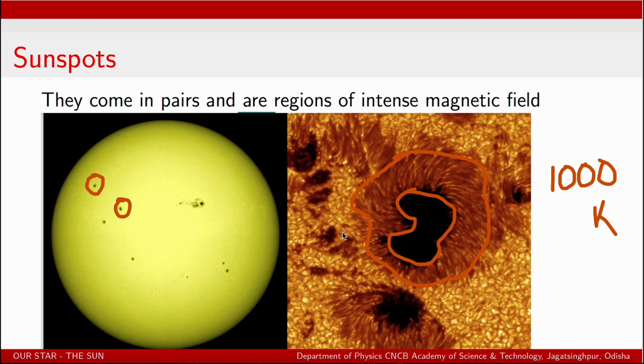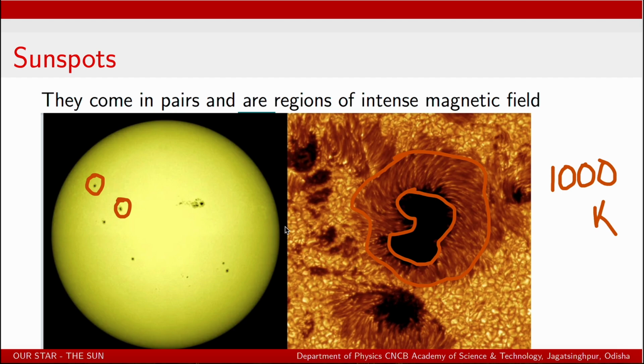So if the adjoining region is say around 5000 or 4000 Kelvin, the sunspots will be at say 3000 Kelvin, and that's why they appear black. So these sunspots can be seen on the photosphere.